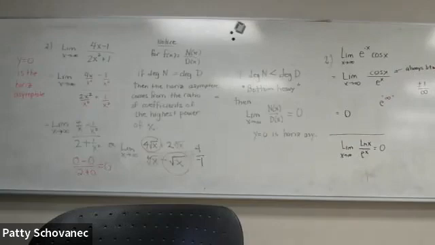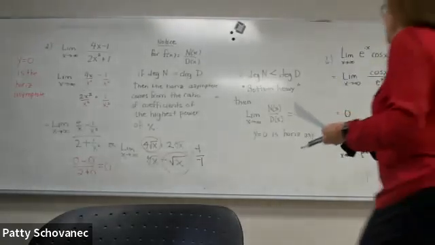All right, next one, number 3. I've got x to the 1.4 minus 1 divided by x to the square root of 2 plus 1.